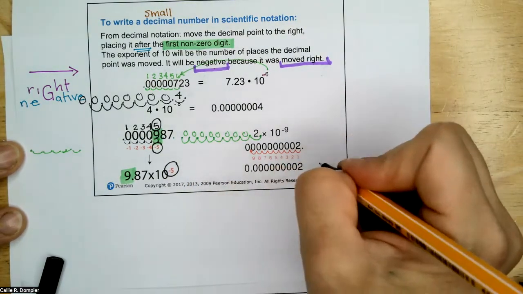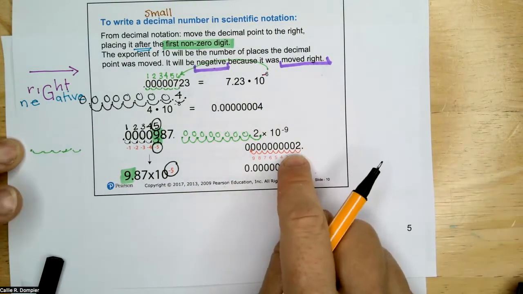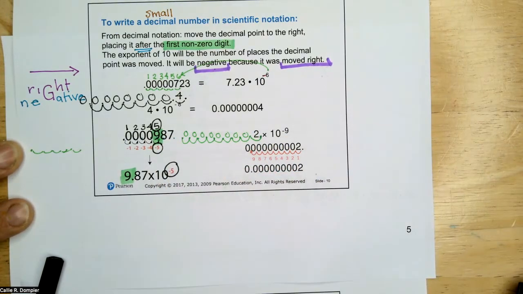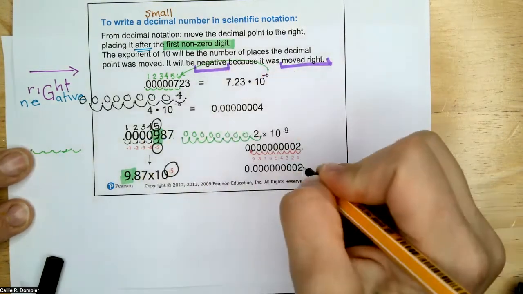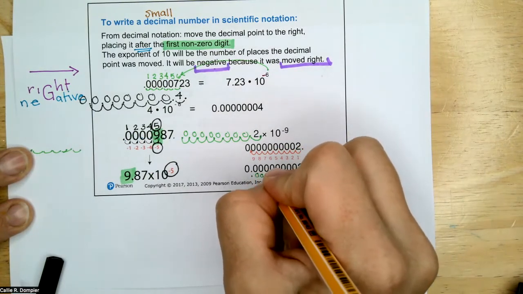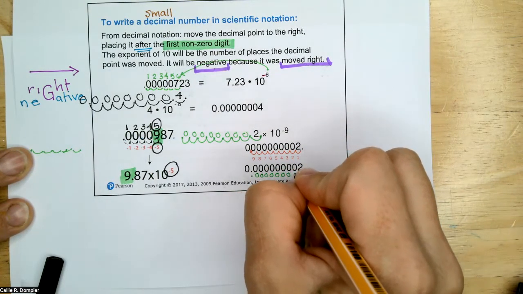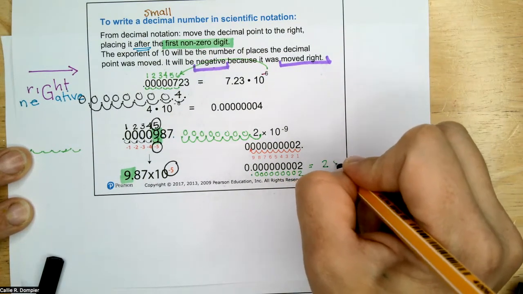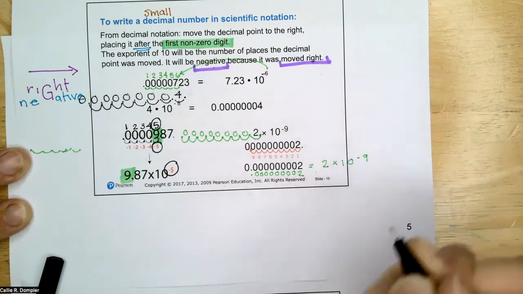Okay, so that was undoing it. You're undoing something that already moved it 9 places. So 0.000000002 is the same as 2 times 10 to the negative 9th.